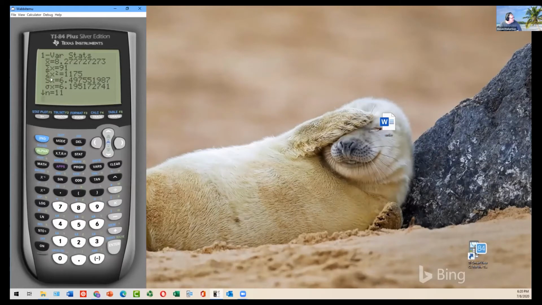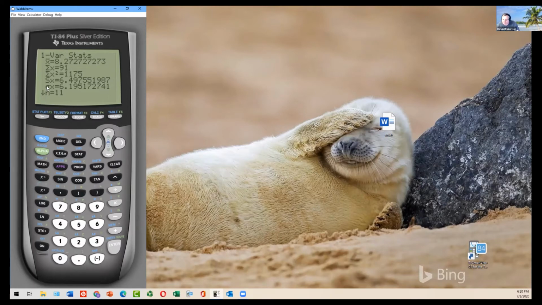So the guy that is called S little x is your standard deviation of your sample. The guy next to it that looks like a funny zero with a little bit added on, that's called sigma. That is a standard deviation of the population. So if you ever get a question and they say, there's only 20 people in the world that are, whatever it is, this blood group, that's a population.